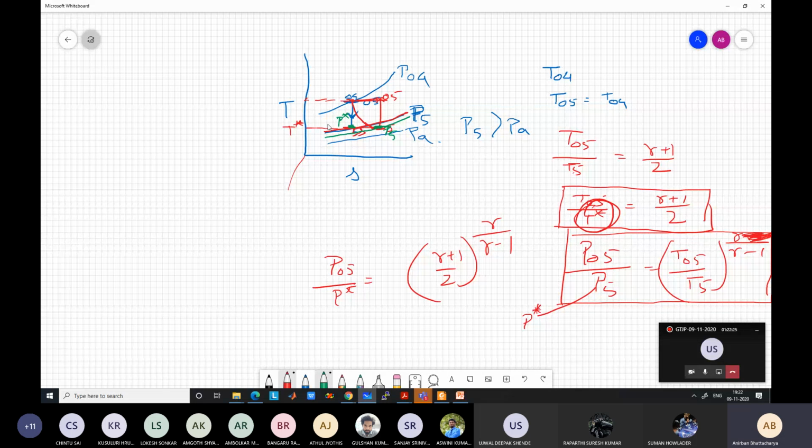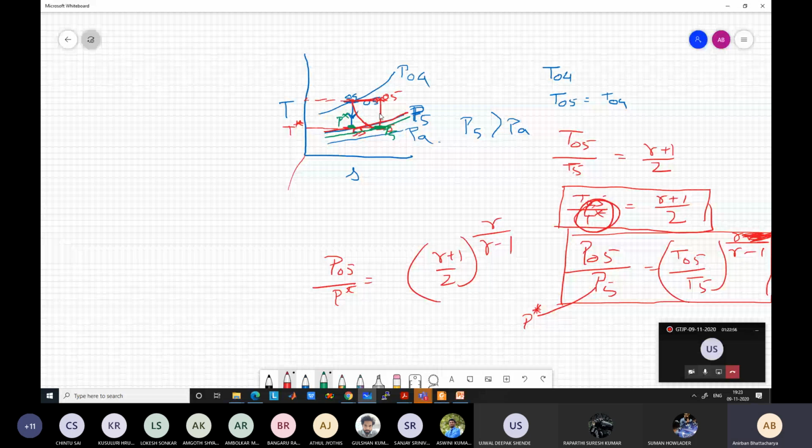Is it clear to everyone? Although the temperature is the same, whether it is isentropic or not, the pressure at the exit of the nozzle is lower than the isentropic pressure for a non-isentropic nozzle. Is it clear from the diagram? Because you are connecting to a lower constant pressure line.